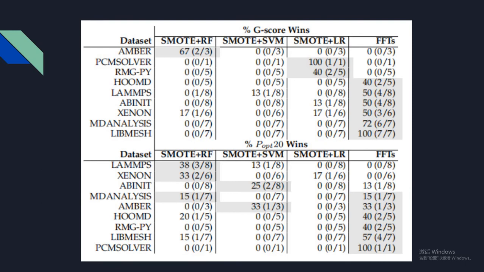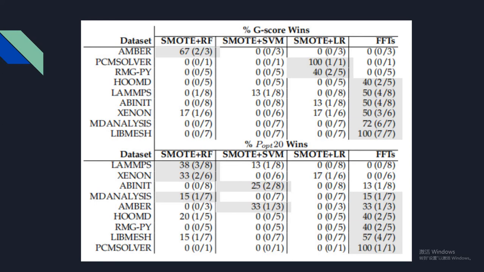The learners used in this study include logistic regression, random forest, SVM, and fast and frugal trees, which we will call FFTs for short, and SMOTE. SMOTE is not a learner, but a data preprocessor, which is a data imbalance correction algorithm.